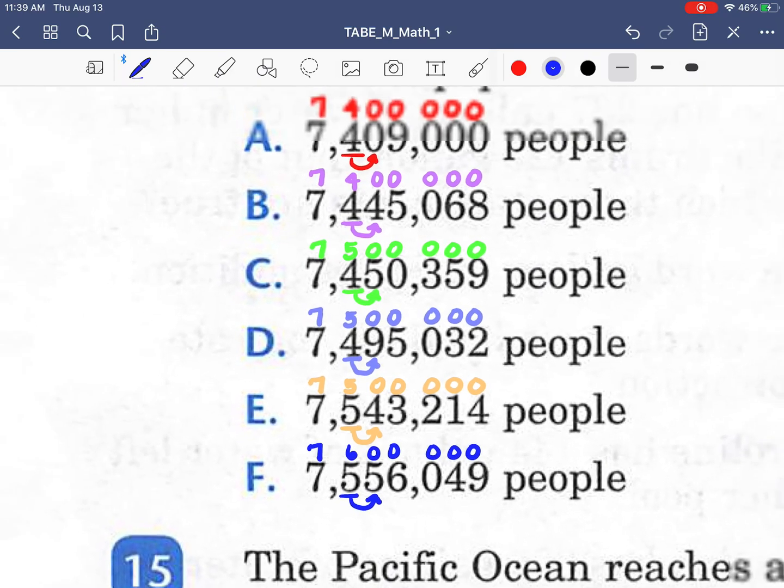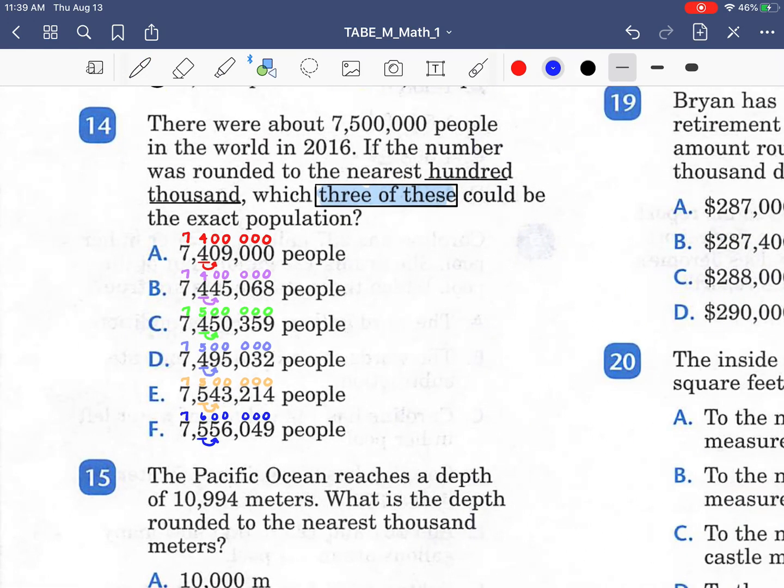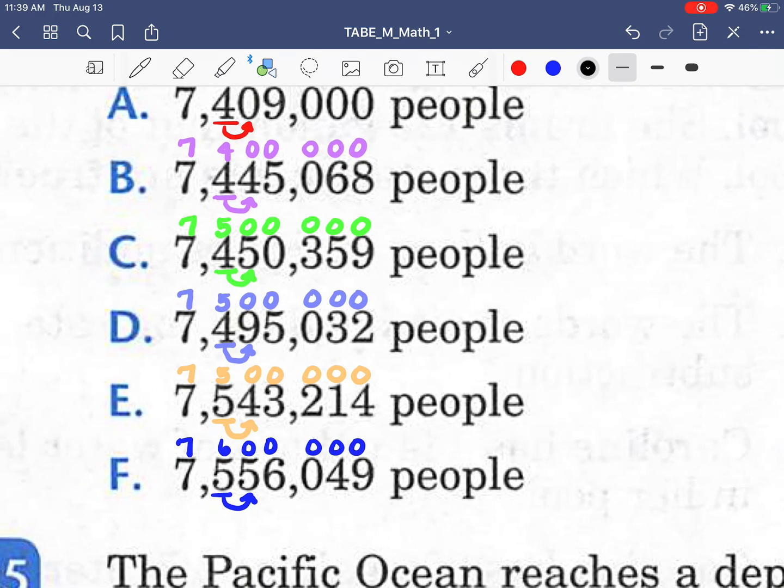Okay, so we want to match these back to this number, 7,500,000, and we're looking for 3 of them that fit. And right there they are. I have C, D, and E. I will advise you that they won't always be consecutive.